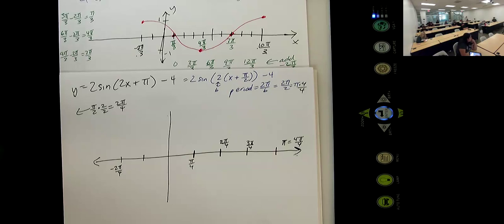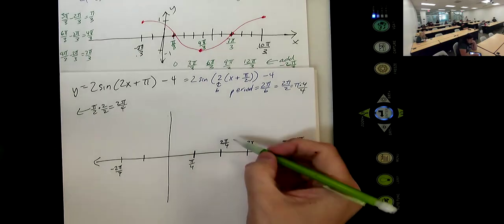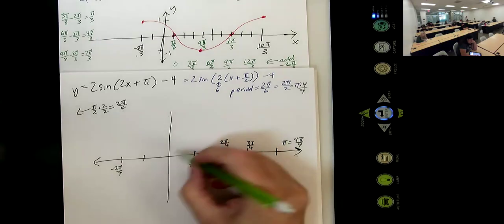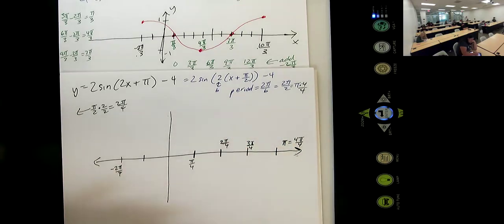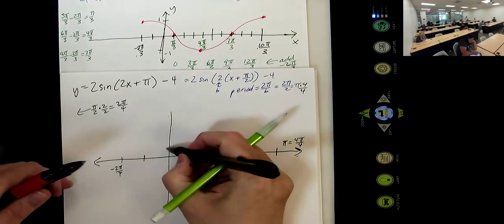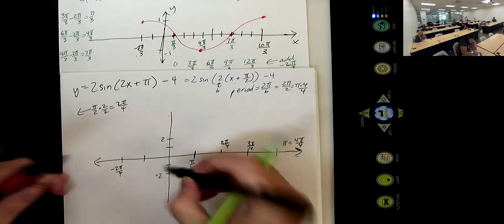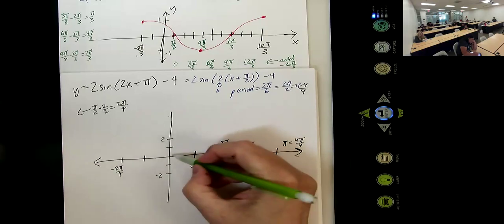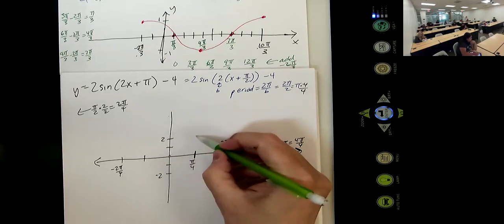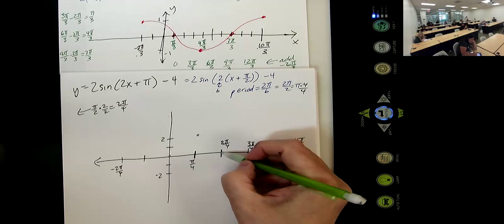And I will pencil in my base graph. Let's do it at a height of 2. So my base graph before my shift is right here.